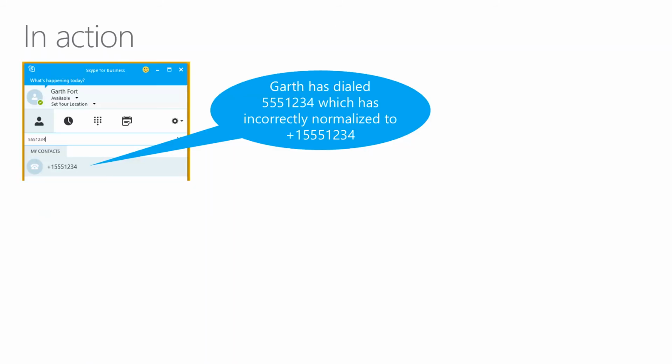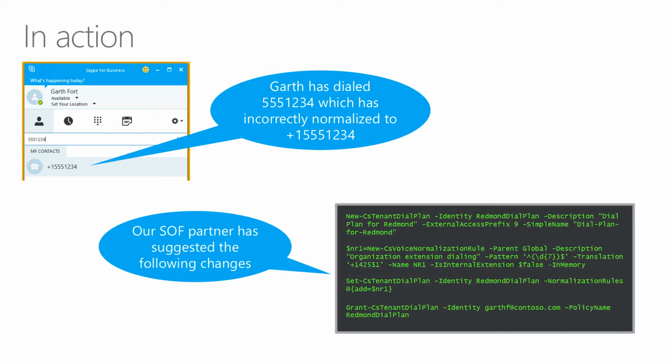Let's have a look at this in action. We're back with Garth at his desk, and he's dialed the number 5551234, which is incorrectly normalized to +1 5551234. Our partner that we're working with has suggested the following changes. And really this is just a combination of the 2 outcomes that show how to create a new dial plan, add a normalization rule, and then grant that dial plan to the user Garth.